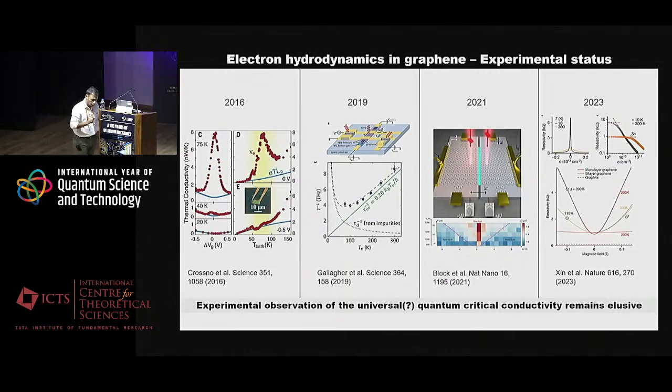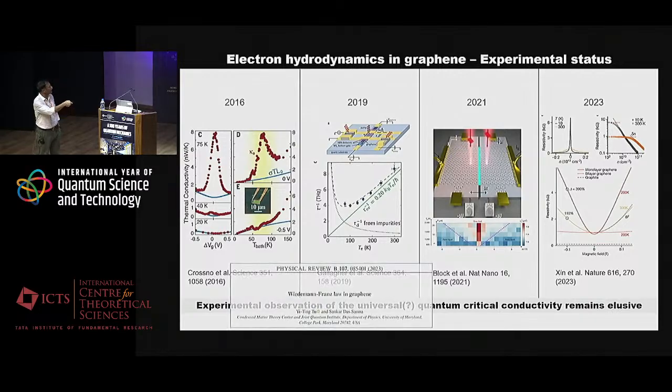The problem in all these is that one component is still missing, and that is the universal conductivity that you would associate with a quantum critical system. That has still not been observed in spite of 8 or 9 years of this. As a result, there have been oppositions to this, and if you take a look at this data here, there's a peak in the Lorentz number, and that is not expected.